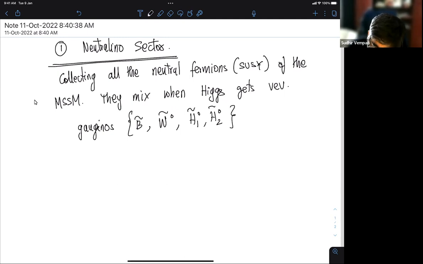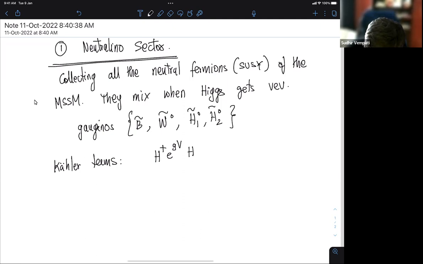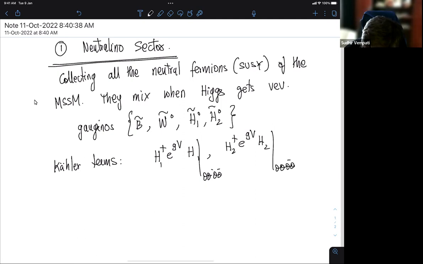Why do they mix? Remember that the scalar potential has Yukawa-like terms from the gauge interactions. So you have terms starting from H1 dagger e to the power gV H1, and you can write it also for H2 dagger e to the power gV H2, with the theta bar components. Remember this, we have seen it in QED, we have seen it in the MSSM and so on.